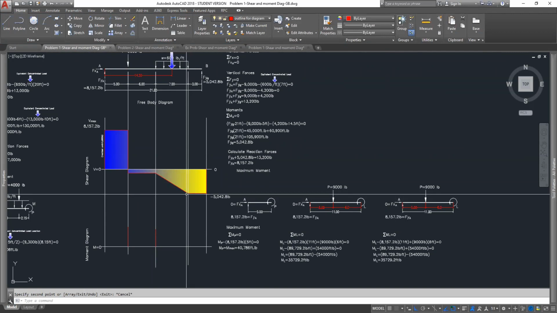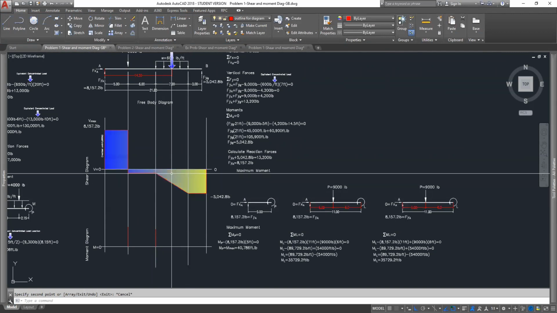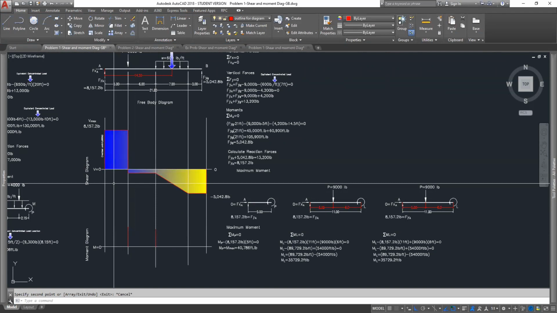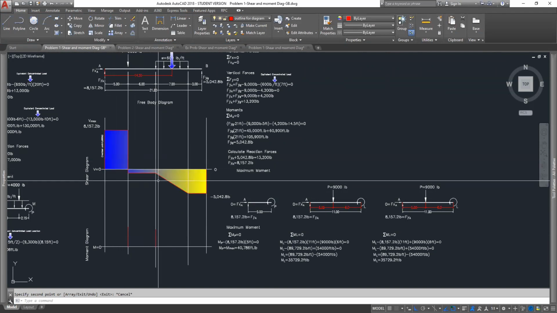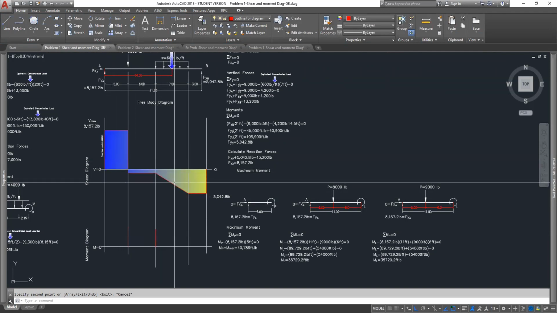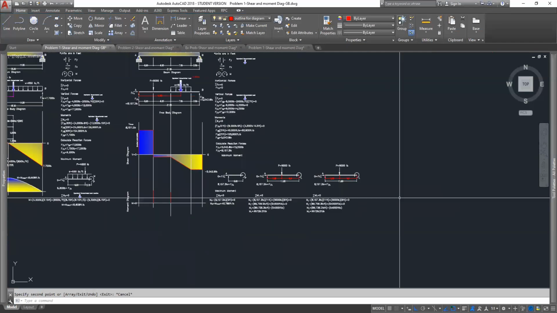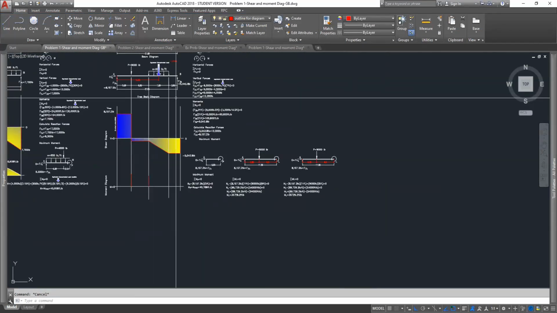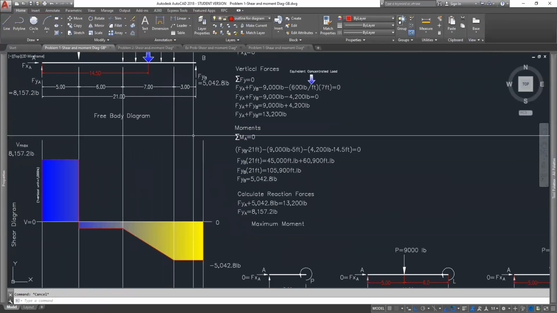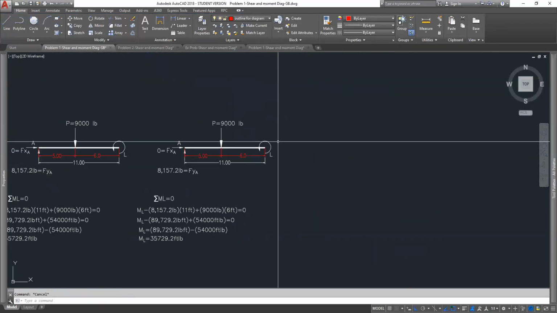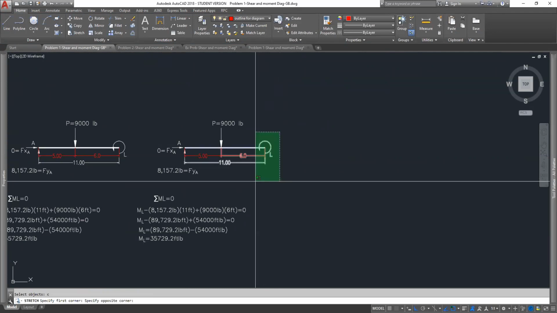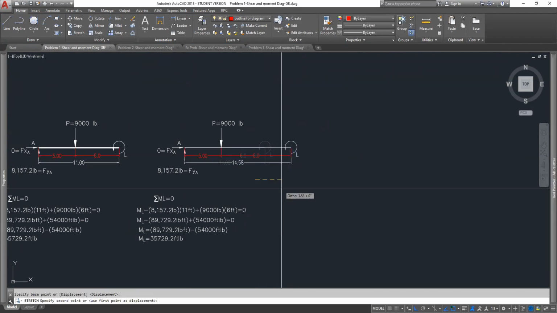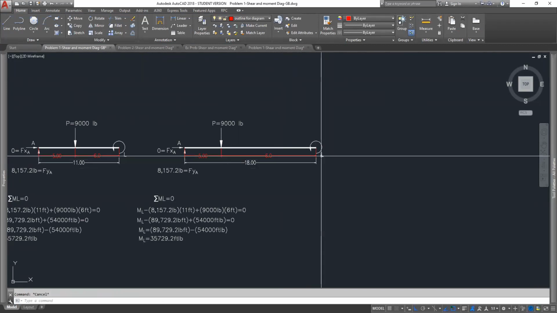We have to take all of our loads from this side and add the distributed load from that point to that point. That distance was an additional 7 feet. I'm just going to call this one K.